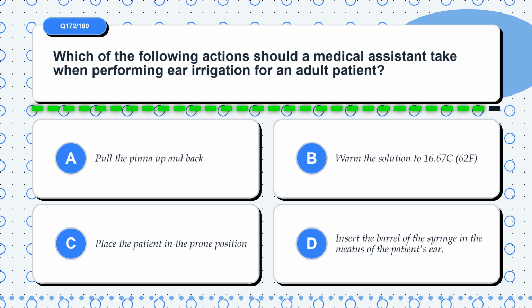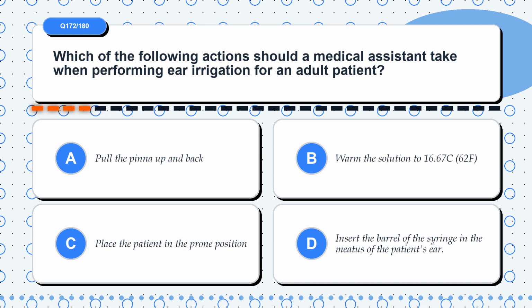Question 172. Which of the following actions should a medical assistant take when performing ear irrigation for an adult patient? Here are the options. Option A, pull the pinna up and back. Option B, warm the solution to 16.67 C, 62 F. Option C, place the patient in the prone position.